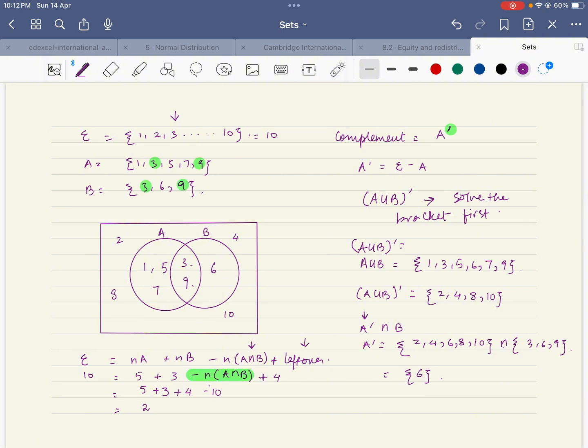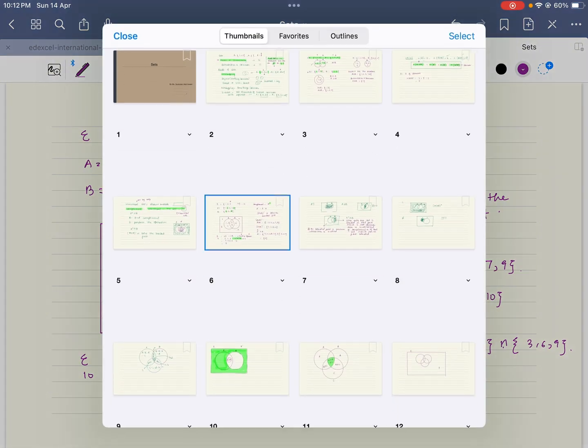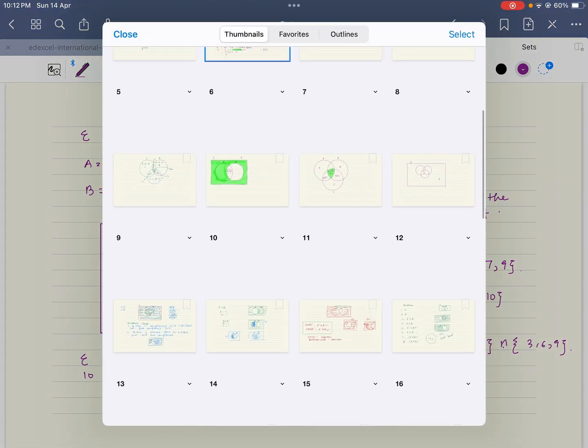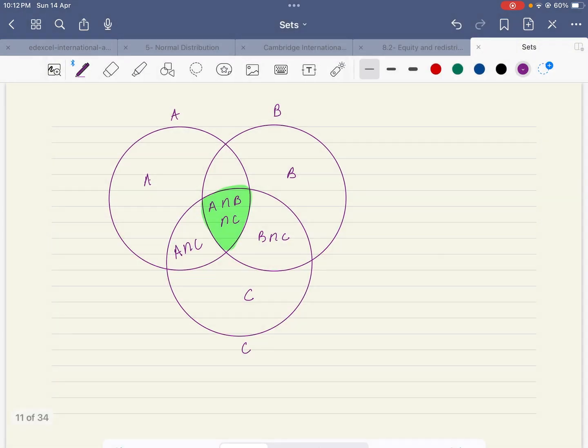So this is all about sets, but let's have a look at a question which has 3 sets in it. This is one of the questions that confuses students. Let's have a look. You draw 3 sets like this when 3 sets are overlapping. You may get 3 sets in which 2 of them are overlapping and 1 is different, right?